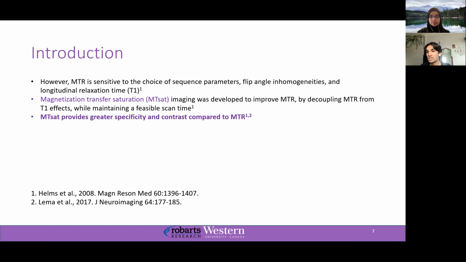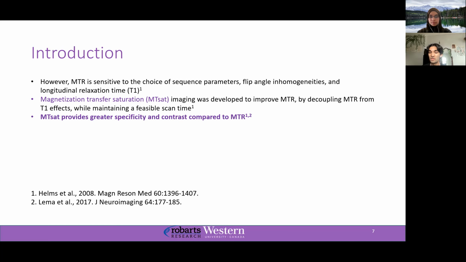MTsat, being more independent of system parameters in T1 weighting and less susceptible to inhomogeneities of the receiver coil and the transmitted radio frequency field, provides greater specificity and contrast compared to MTR. For example, Lima et al. reported that MTsat correlated with more disability metrics than MTR in patients with multiple sclerosis.